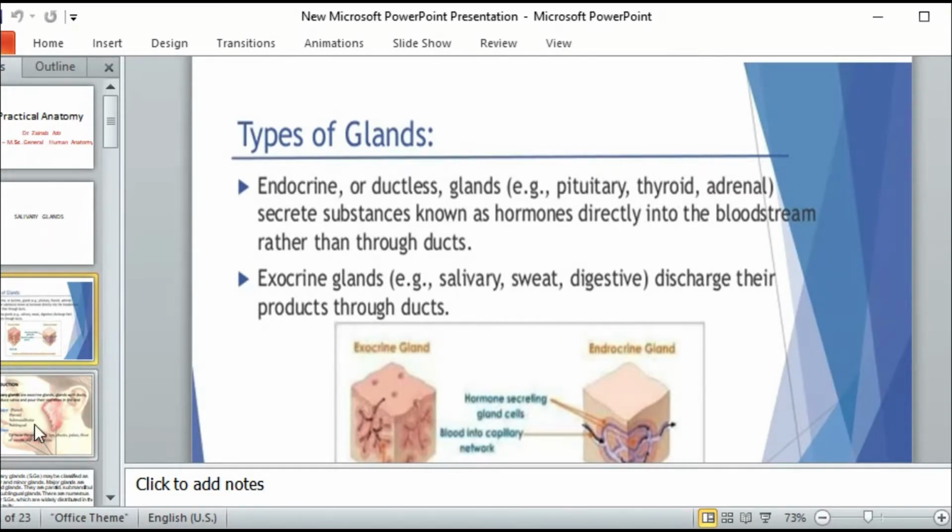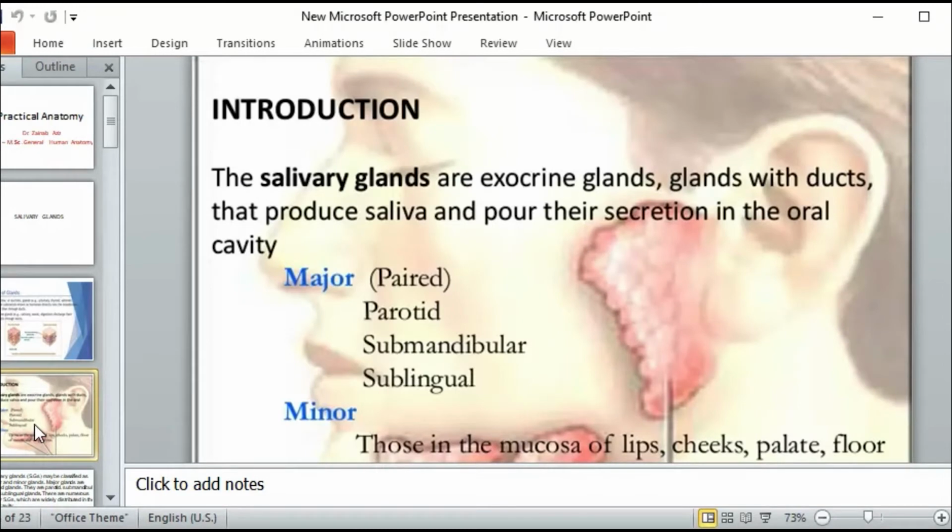Okay. Now we talk about the salivary glands in general. The salivary glands are exocrine glands with ducts that produce saliva and pour their secretion into the oral cavity.